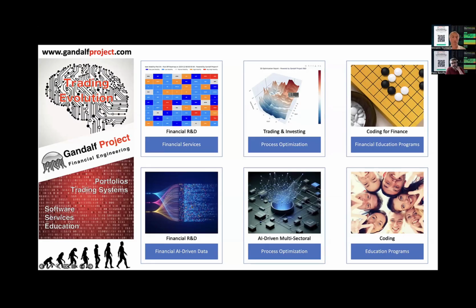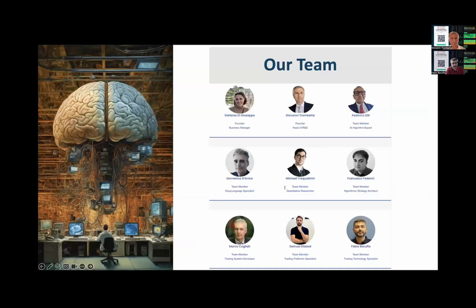The first one is financial R&D, research and development, then trading and process optimization, financial services, AI solutions across industries, and finally, education for corporate and retail professionals. This is our team. Fabio is one of the last that has joined our team, and is also one of the strongest R&D experts on seasonalities, and not only in this field.